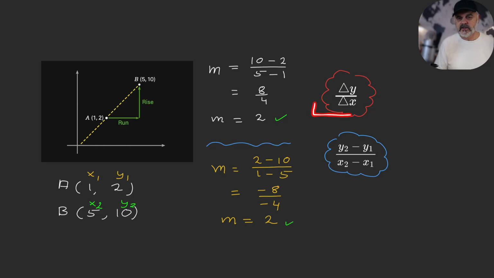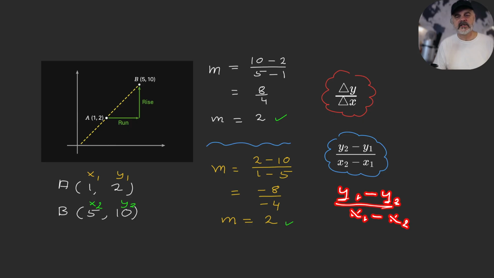As long as you continue remembering delta y over delta x, y2 minus y1 divided by x2 minus x1, you can also say y1 minus y2 divided by x1 minus x2, and you always do the right thing as well.